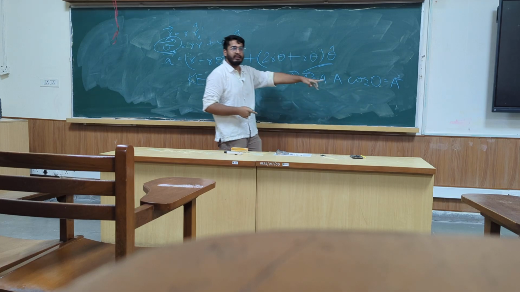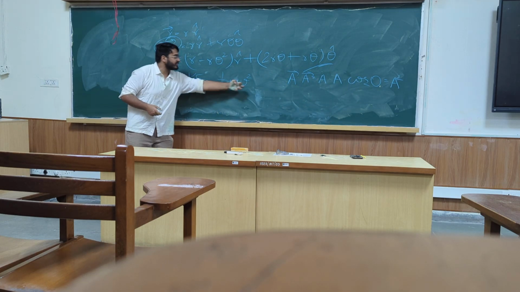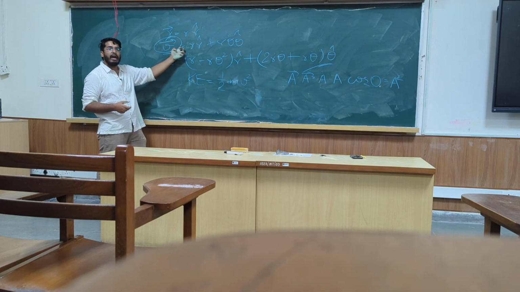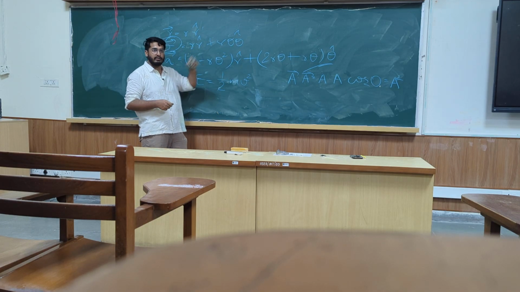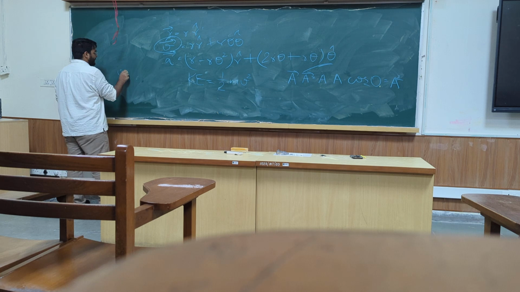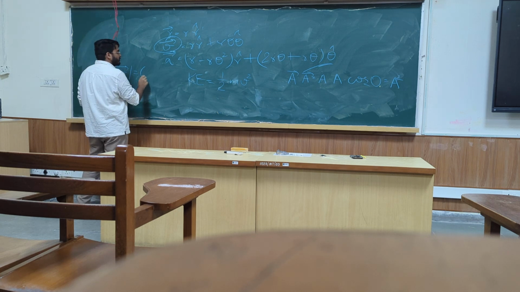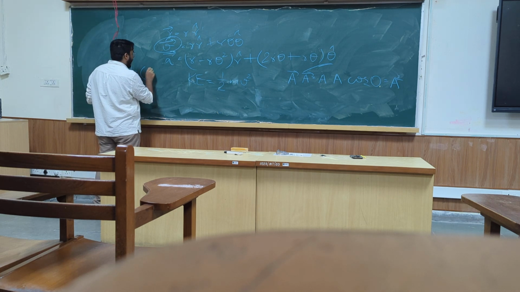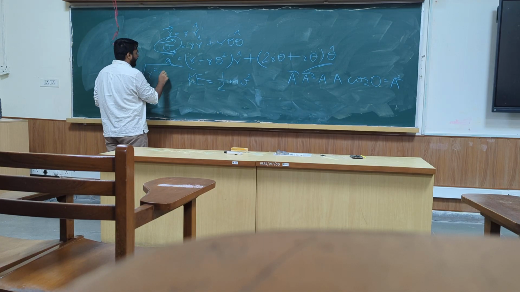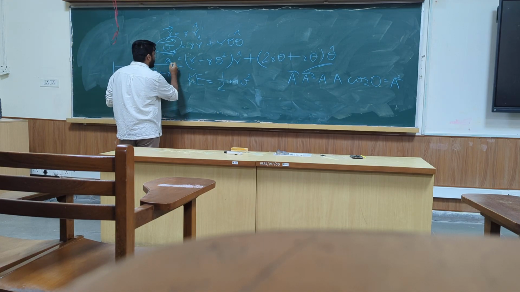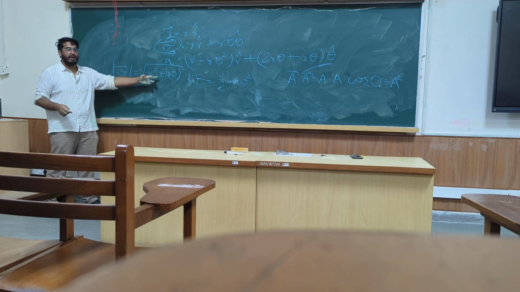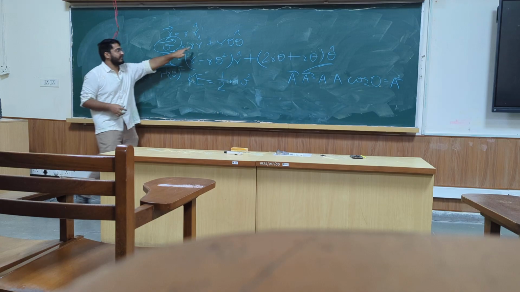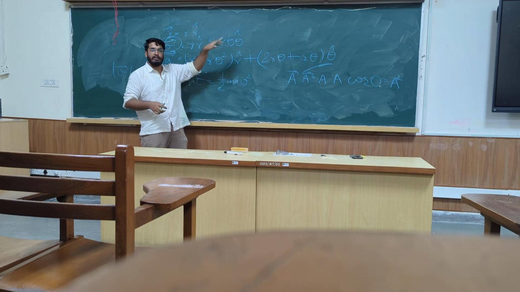So I get the square of the magnitude. Since both of these are perpendicular vectors, the magnitude of v is going to be the square root of r dot squared plus r θ dot squared. This is the magnitude of v, because these two are perpendicular unit vectors.